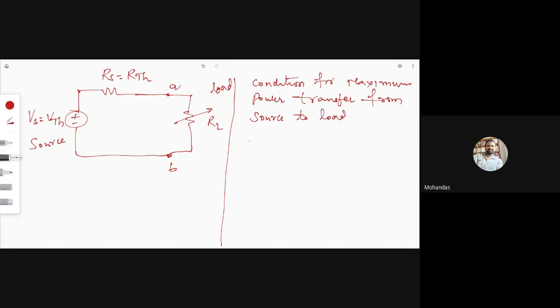So the power, we know the power formula. Power is equal to voltage multiplied by current, and we know voltage equals I into R. So now I am going to replace this voltage by I into R, into I. If you multiply I and I, you will get I square into R. So this is another formula for power.